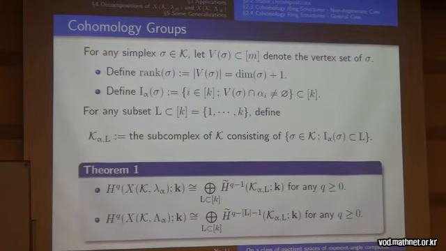And our theorem is this: for these quotient spaces of moment-angle manifolds or real moment-angle complexes, the cohomology groups can be computed in a very similar way to the Hochster formula. So the cohomology is the sum of the cohomology of these subcomplexes of K, where L ranges over all the subsets of [k].